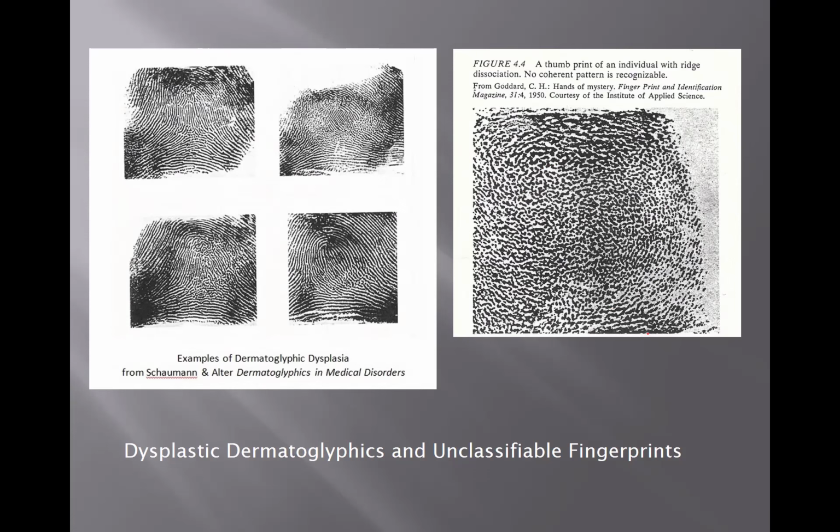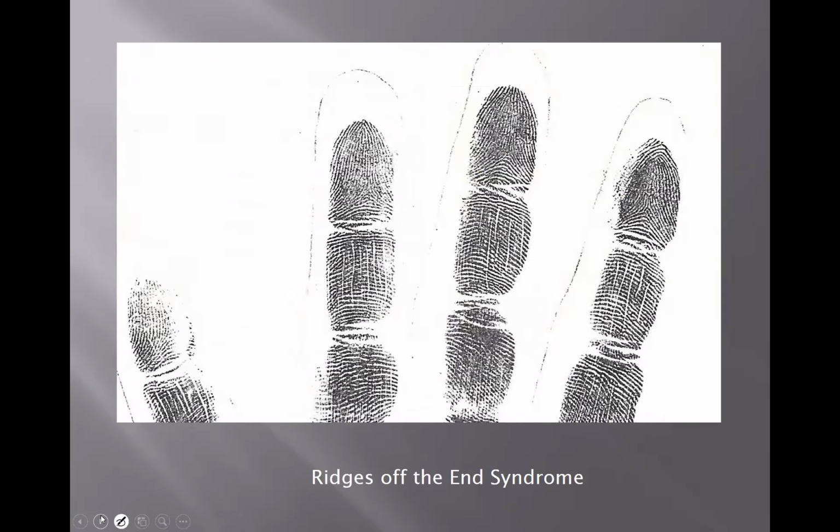But just to show you that it is actually possible to have a fingerprint pattern that isn't classifiable at all, however rare that may be. And there is also a very strange phenomenon of fingerprint patterns, which again is extraordinarily rare and known to have a genetic basis.